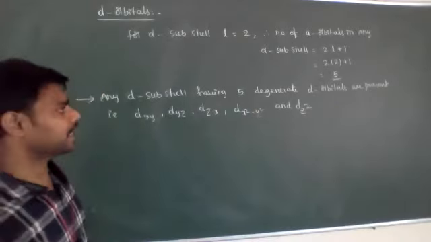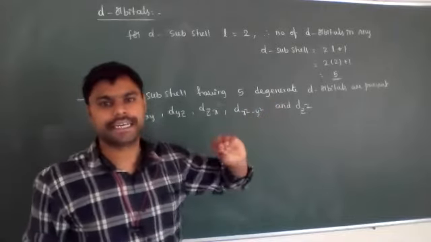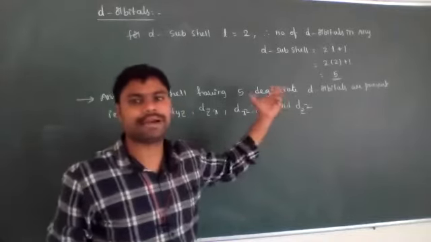So any d subshell contains 5 degenerate orbitals. Degenerate means these 5 d orbitals have the same energies.